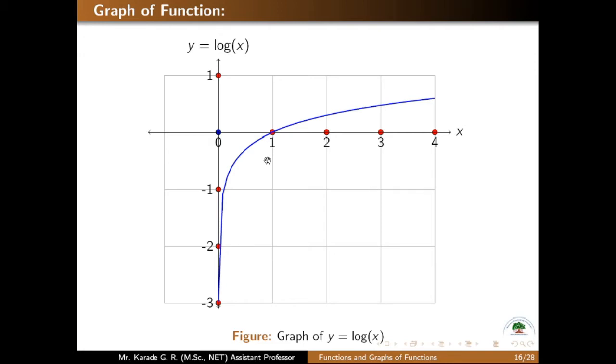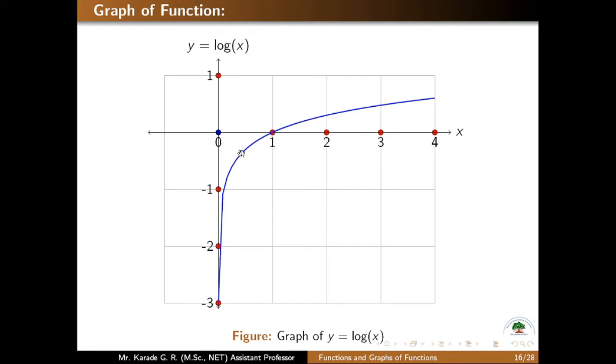Here we observe that as values of x go on increasing, the values of function also go on increasing. Whenever x becomes larger and larger, values of log x also become larger and larger. So in terms of limit, we say that the limit of log x is infinity as x approaches infinity.